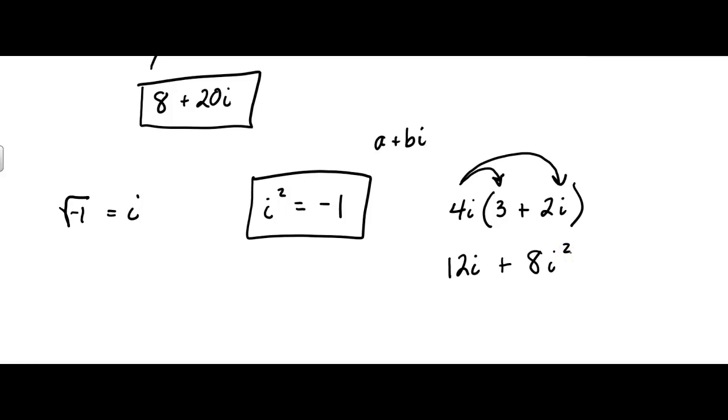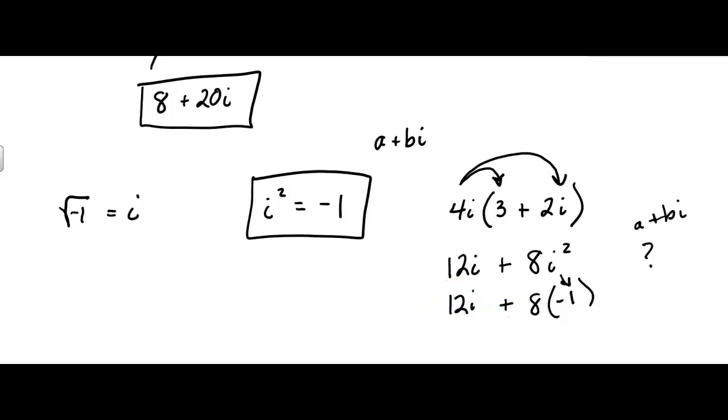Okay, so now we say, hey, wait a minute, that doesn't look like a complex number. That's not in a plus bi form. So, right, like we're trying to have all our numbers be complex numbers. But here's the deal. The i squared is -1. So that's what I want to introduce here.